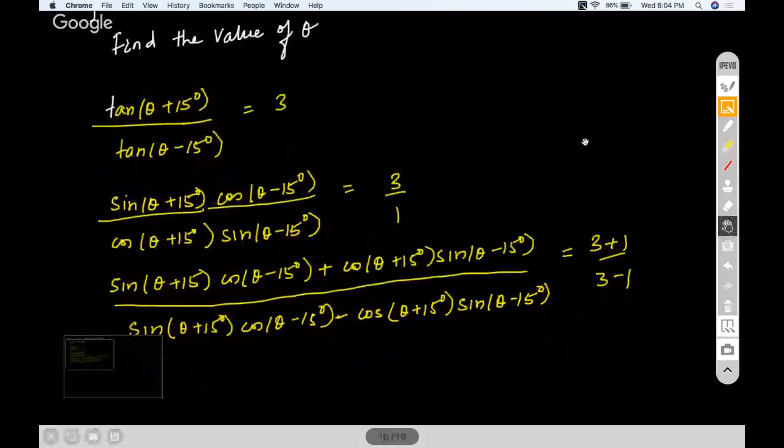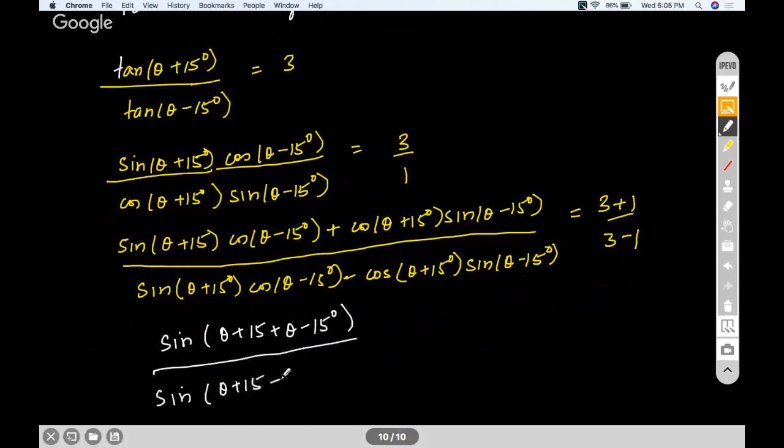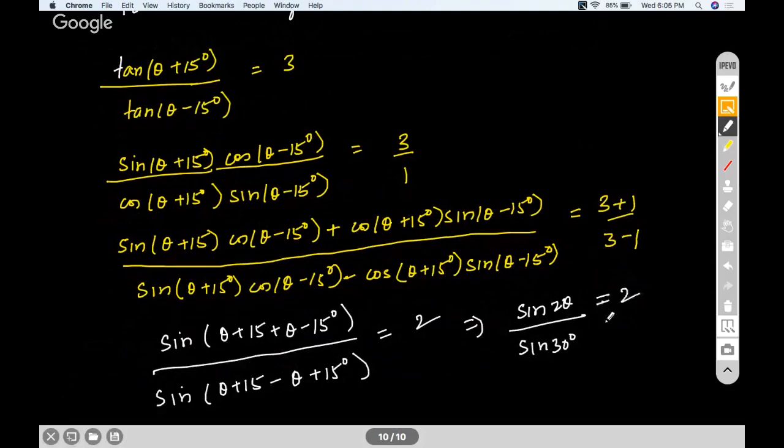Now this is going to be sine of theta plus 15 plus theta minus 15 divided by sine theta plus 15 minus theta minus 15. Okay, that's going to be 2, which implies sine 2 theta divided by sine of 30 degrees is going to be 2.